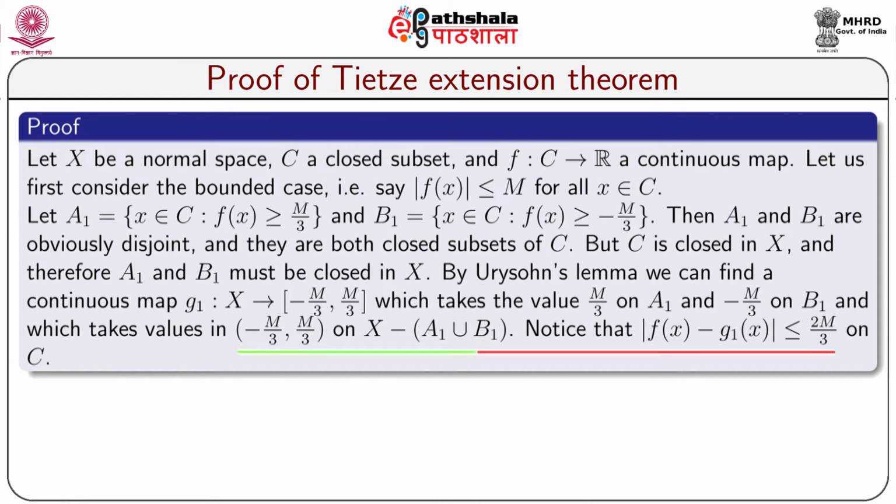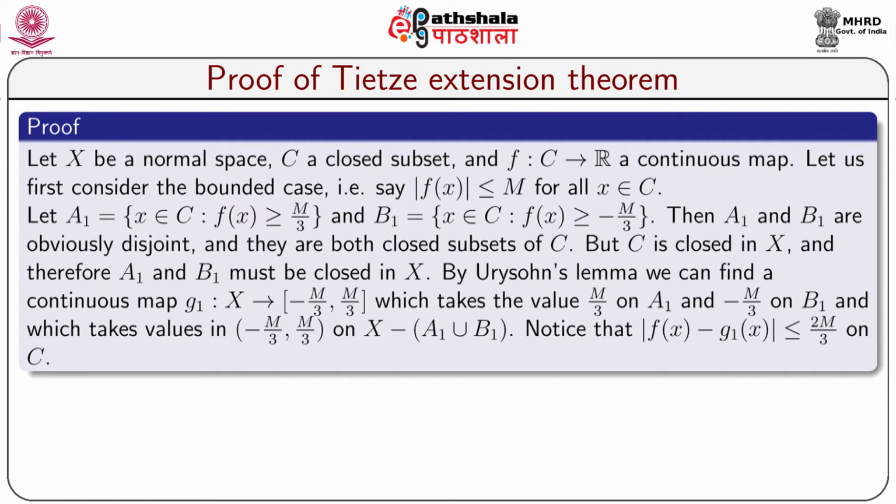That means we have a continuous function G1 from X to the closed interval [minus m/3, m/3] such that G1 maps the set A1 to m/3 and the set B1 to minus m/3, and G1 maps the rest of X in between minus m/3 and m/3.